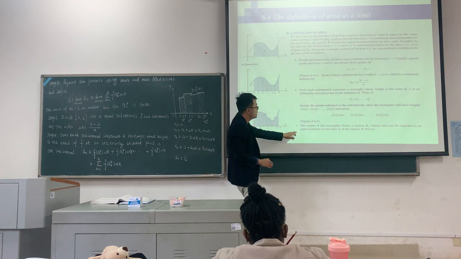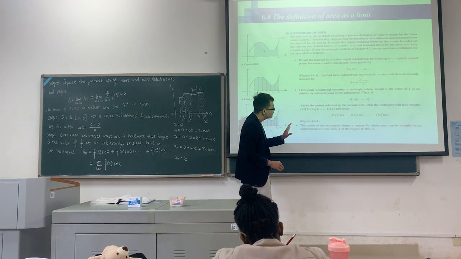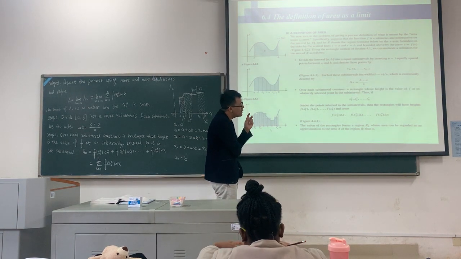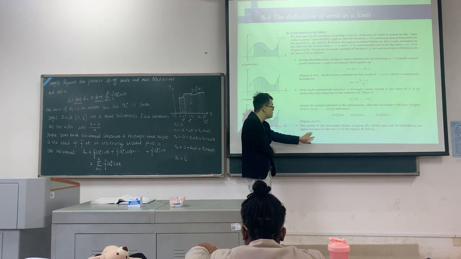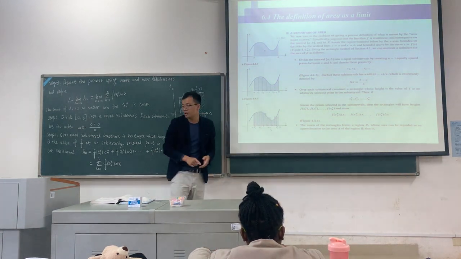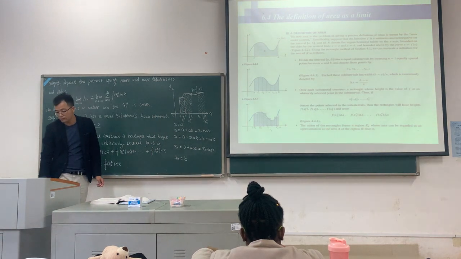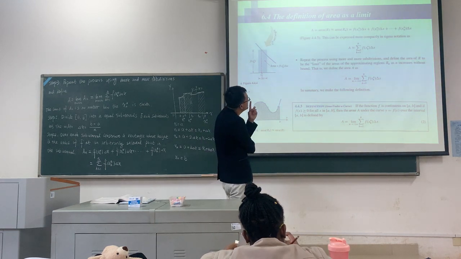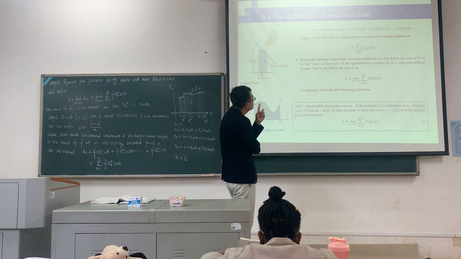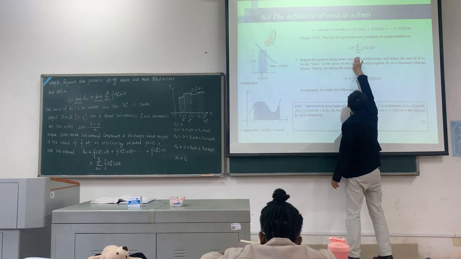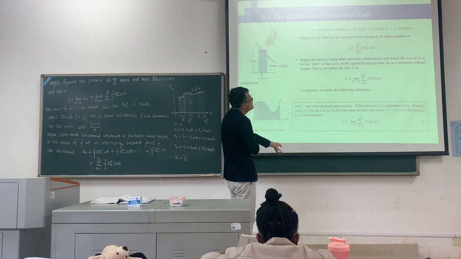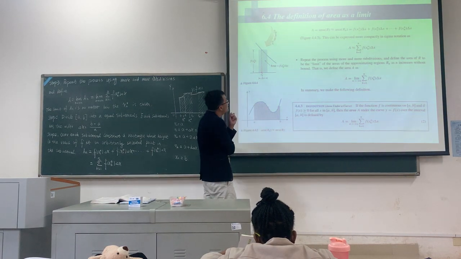The union of the rectangles forms a region Rn, whose area can be regarded as an approximation to the area A. So A is approximately the sum from k equals 1 to n of f(xk star) times the length. This is the second step.